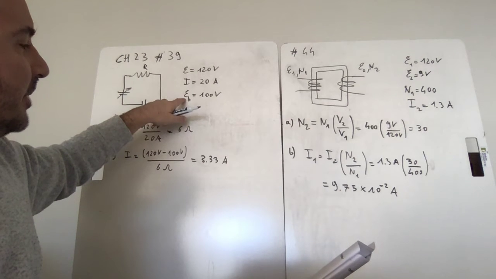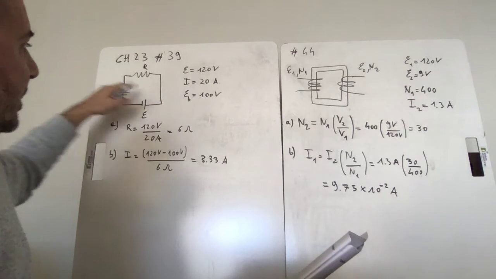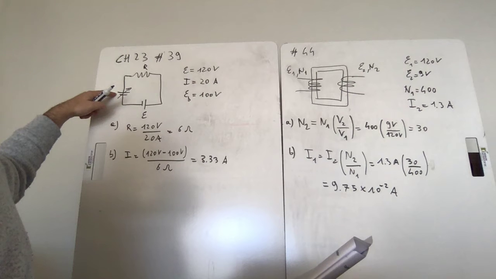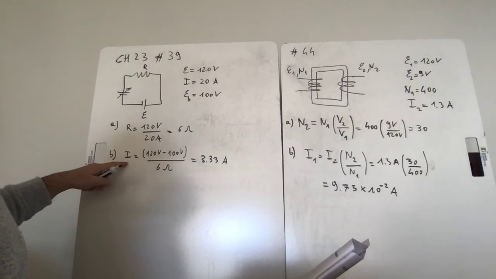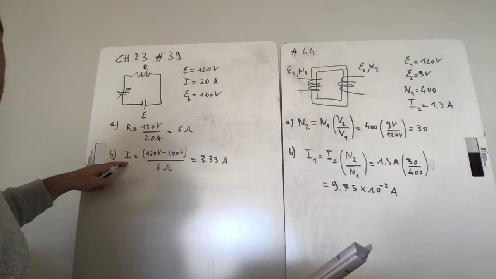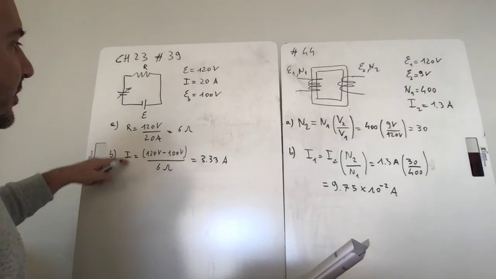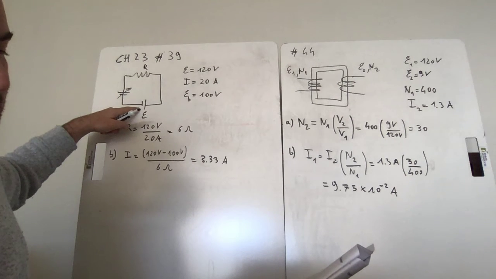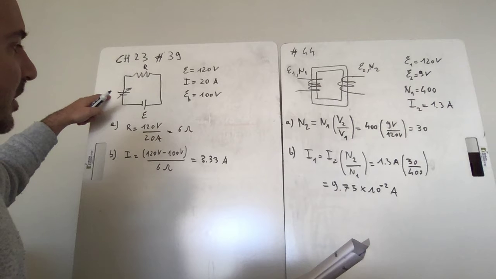Here's the epsilon B, the back EMF, 100 volts, which I put over here with the symbol of the back EMF. So the current in this case is going to be I, but this time we're going to apply Ohm's law, considering that we have both a source of 120 volts and a back EMF of 100 volts.